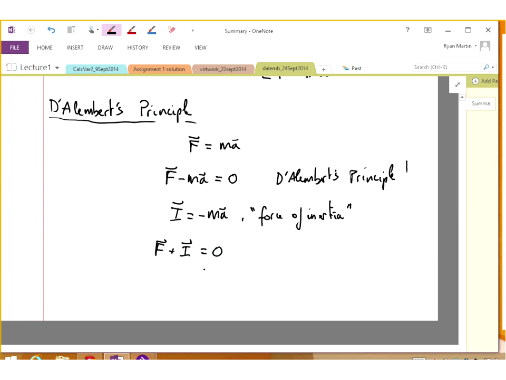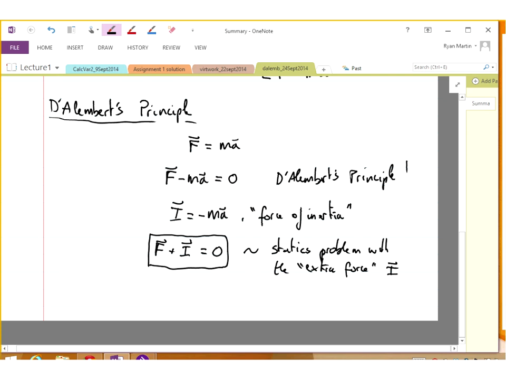Okay, so this is also not mind-blowing. But the key thing to note here is that this kind of looks like a statics problem with the extra force I. And so what's really key here in D'Alembert's principle is that you can write Newton's second law this way and treat this ma term as a new force, and then you effectively transform the dynamics problem to a statics problem.